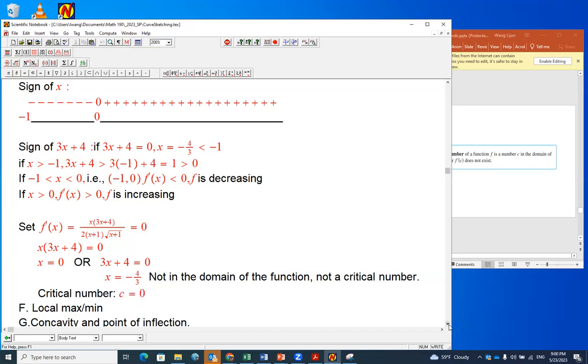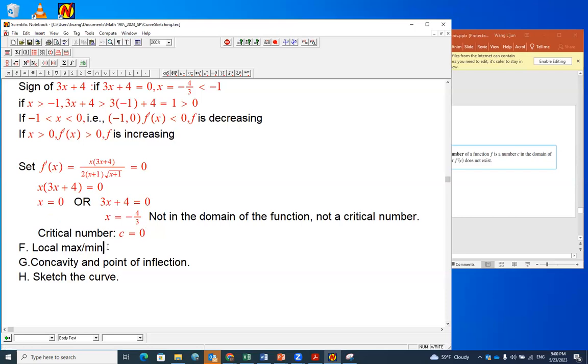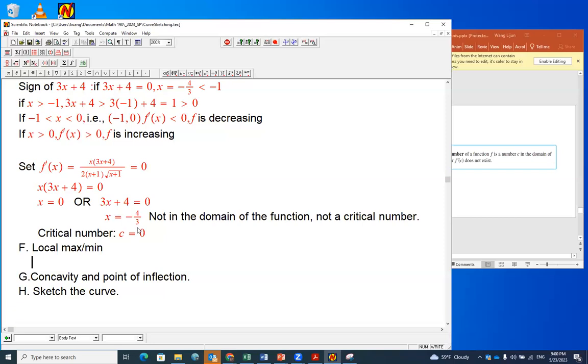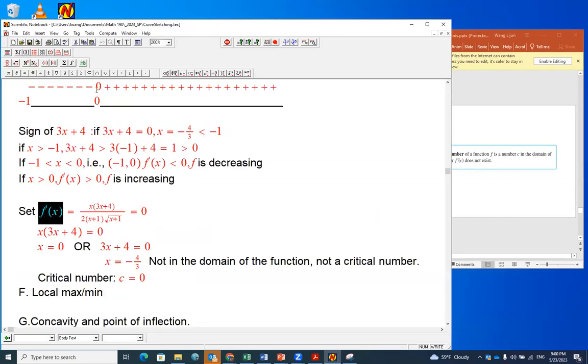So when we are looking for local max, local min, this is made very easy because the derivative of the function, to the left of 0 is decreasing, increasing. So let's quote the first derivative test.